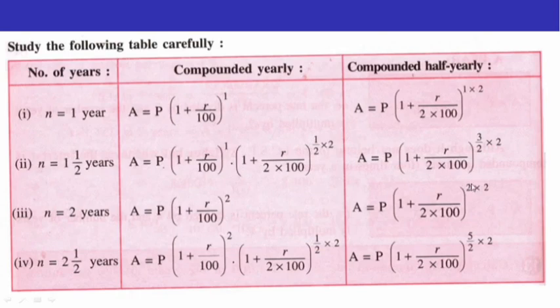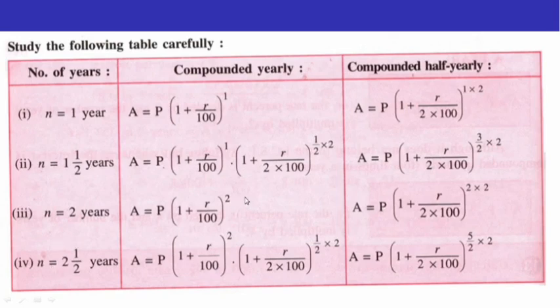Similarly, for 2 years it will be this much, and for 2.5 years it will be 5 by 2 into 2. 2.5 means 5 by 2. So compounded half yearly is easy, but in the case of compounded yearly, you have to be careful with this kind of stuff, that is number 2 and number 4.